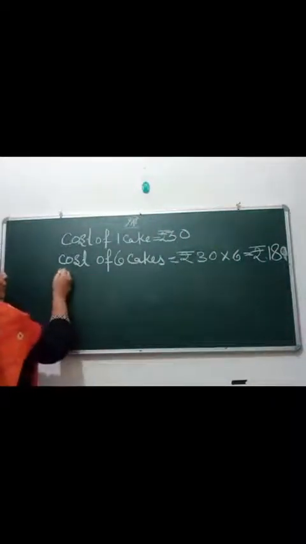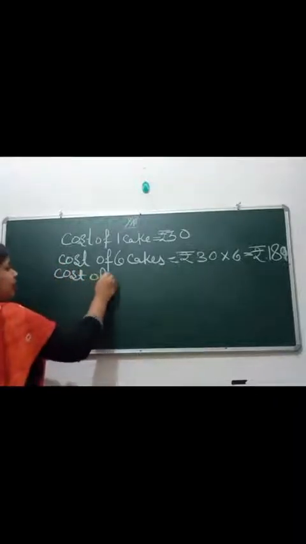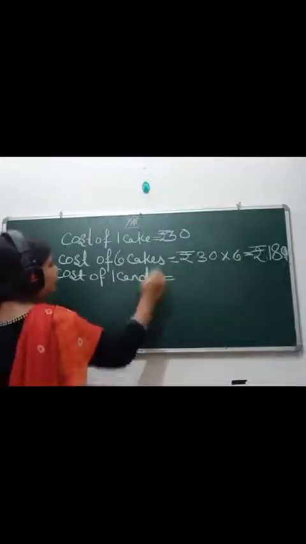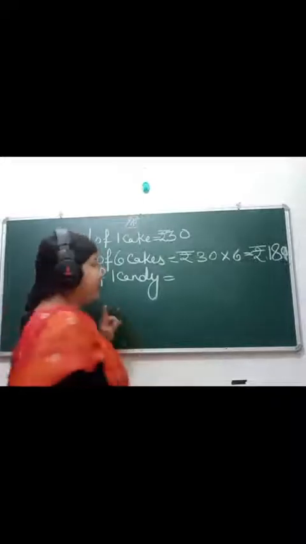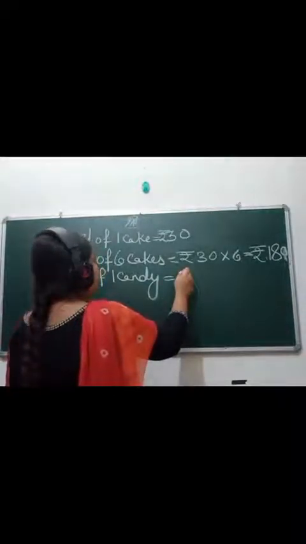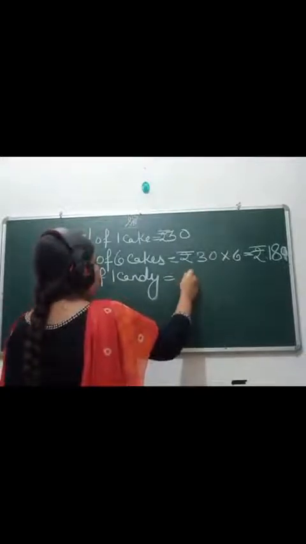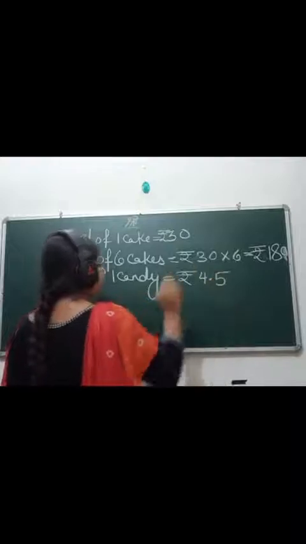6 candy. So again we have to find the cost of one candy. One candy cost me rupees 4.5.